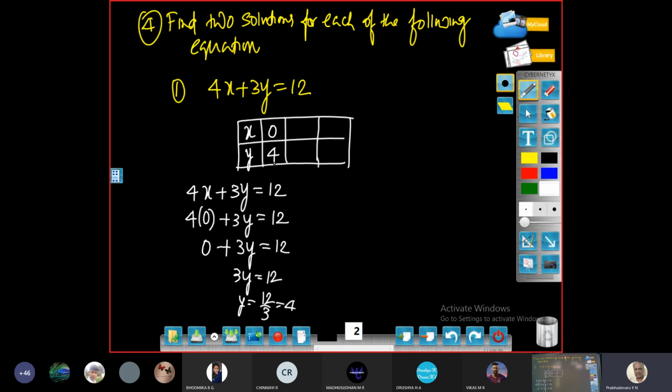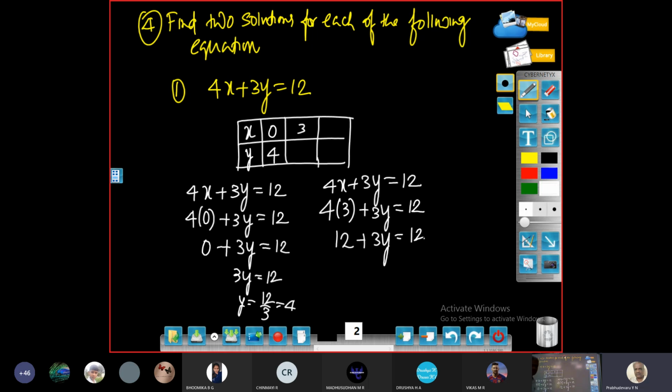Now in the same way, I'll take another one. Suppose I take x is equal to 3. 4x plus 3y is equal to 12 now. Substitute the value of x here. 4 into 3 plus 3y is equal to 12. 4 3s are 12. 12 plus 3y is equal to 12.